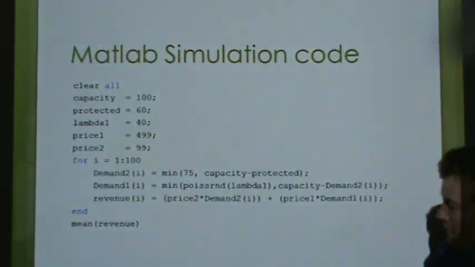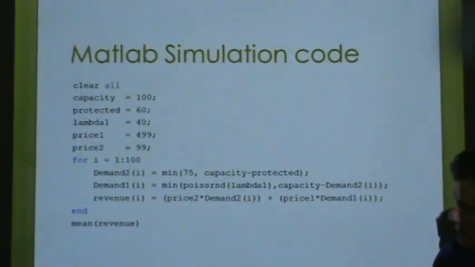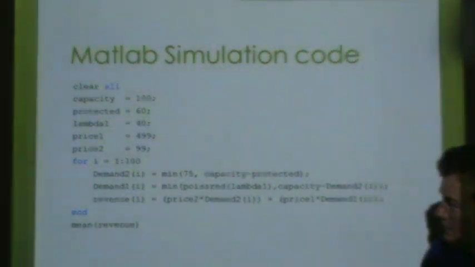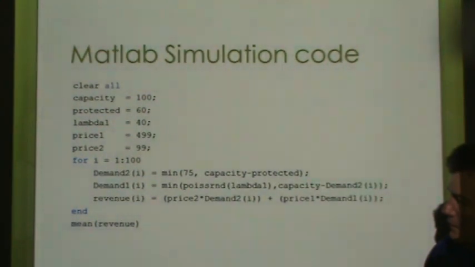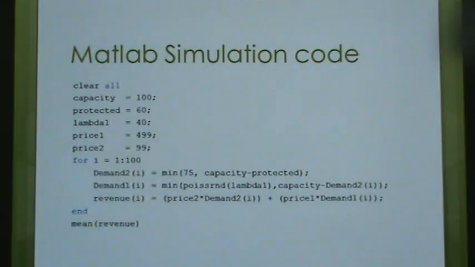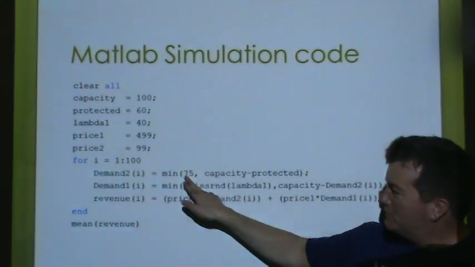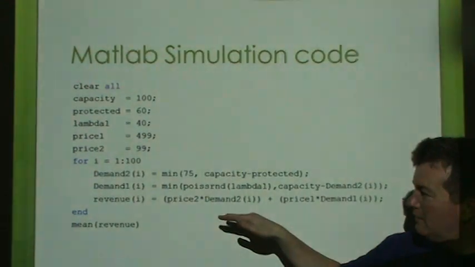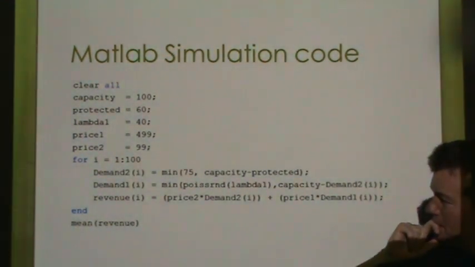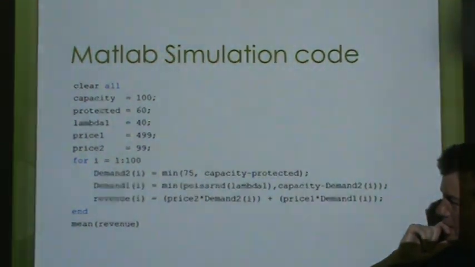The other question was, find the best value for protected if you change the demand to lambda 60. So one part is to change this to Poisson 60. And after you change it, you're asking what would be the best value for protected.